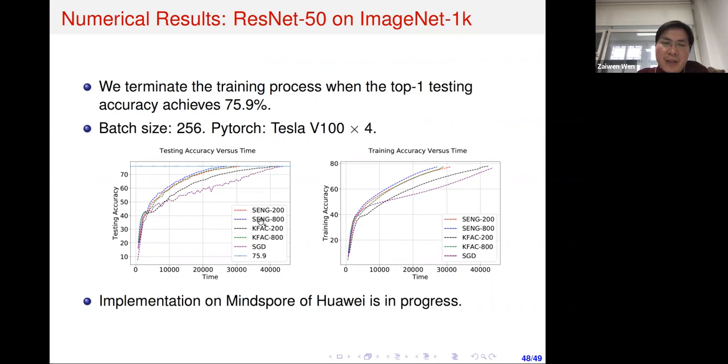But if you compare this red line with those two lines, our method is much faster. Overall, our method can be around 40% faster than SGD. This is the training accuracy. This is my talk. Thank you very much for your attention.